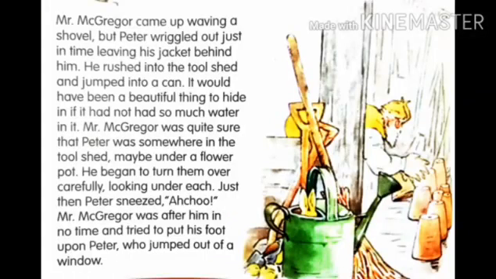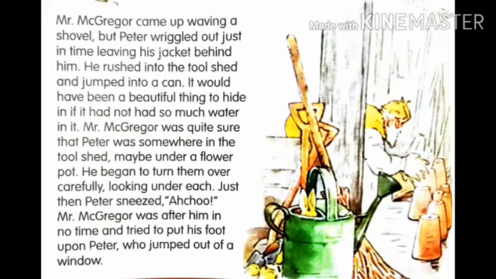Now the next paragraph. Mr. McGregor came up waving a shovel, but Peter wriggled out just in time, leaving his jacket behind him. When Mr. McGregor came waving the shovel to catch Peter, what did Peter do?